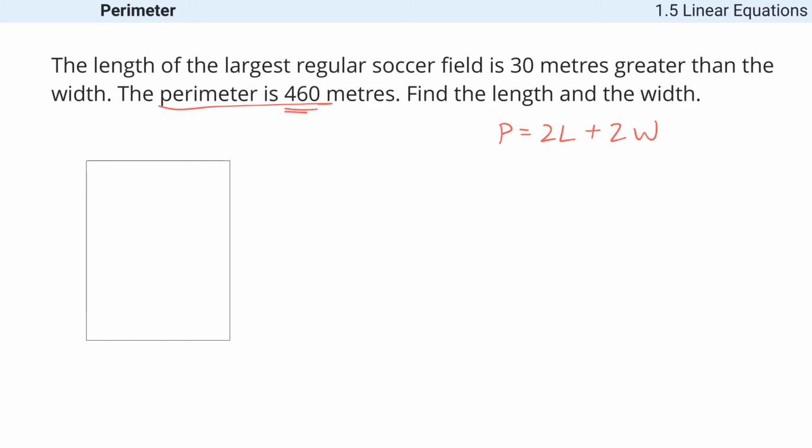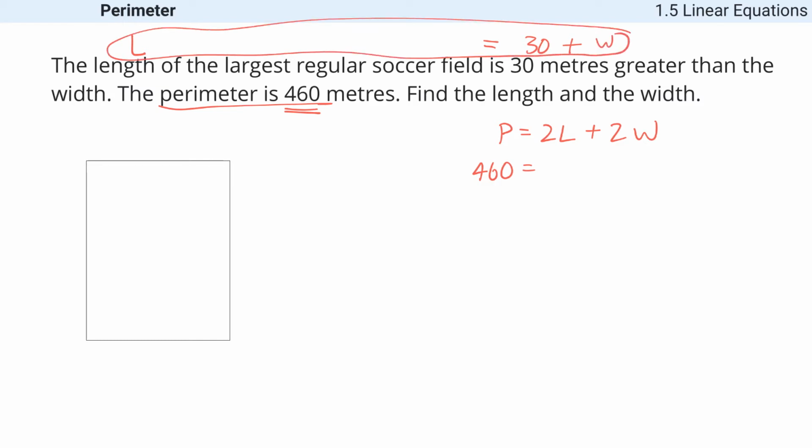And they also say the perimeter is 460, so I'm going to put a 460 in there right off the bat. Then they say the length is 30 meters greater, 30 plus the width. So there's a relationship between length and the width, that the length is 30 more than the width.